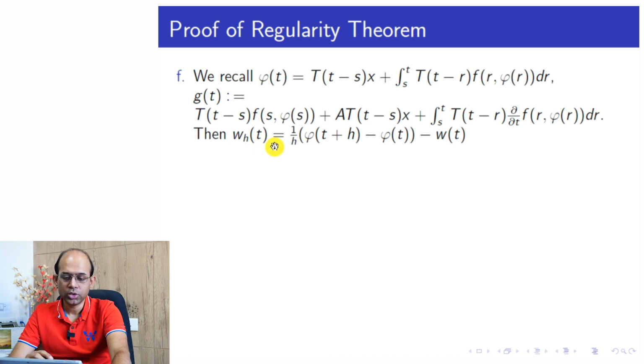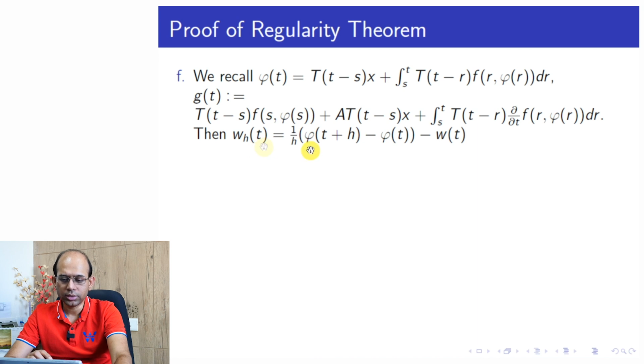What we are going to show, after many manipulations of terms, is that this satisfies the sufficient conditions for Gronwall's inequality, and then that would assert that W_h is less than or equal to some term, and that right hand side term we would be able to show goes to 0. So that is the main idea of the proof.